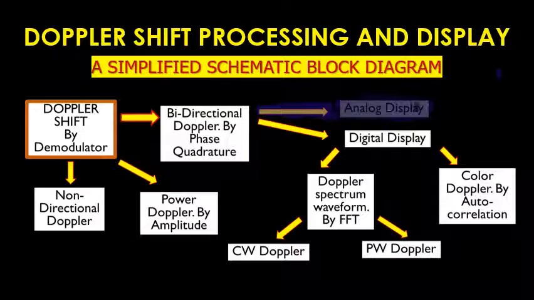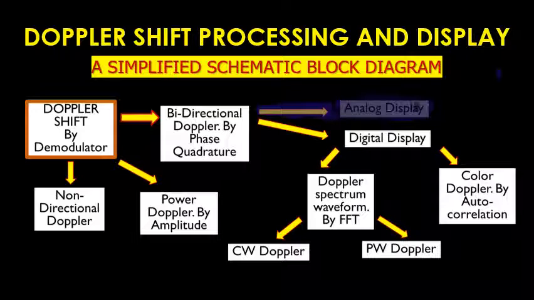One of them is the bidirectional, which uses a technology called Phase Quadrature. This technology analyzes the Doppler shift and obtains whether it is positive or negative, meaning whether it is towards or away from the transducer. This information is delivered to the next step, the digital display.